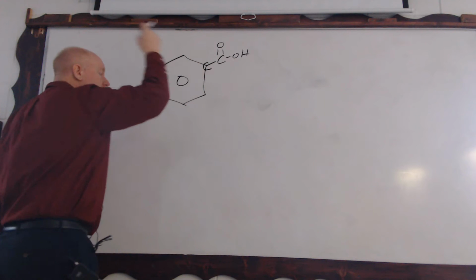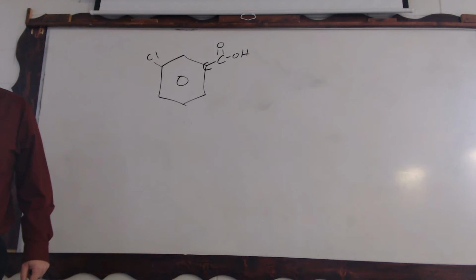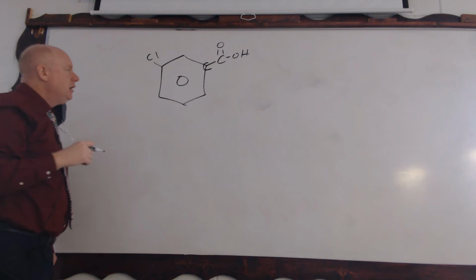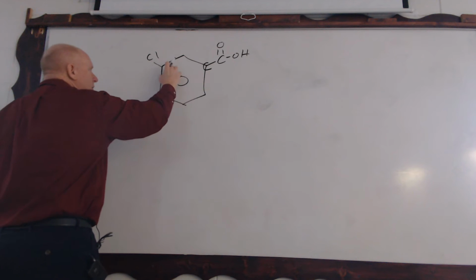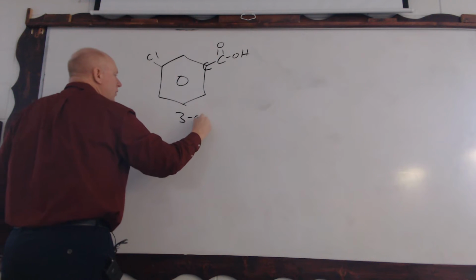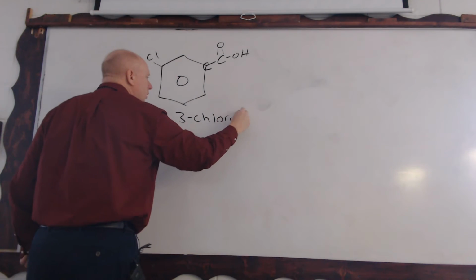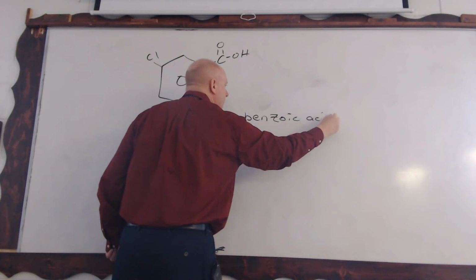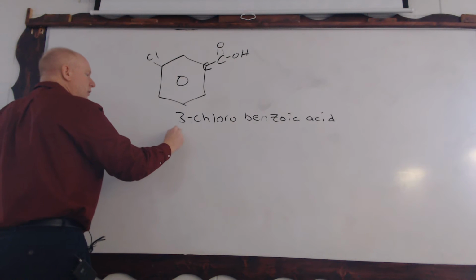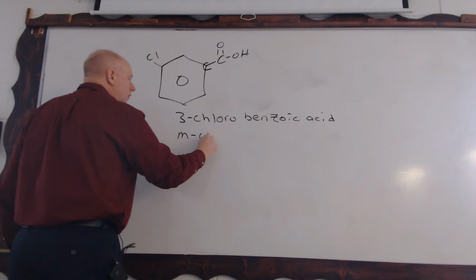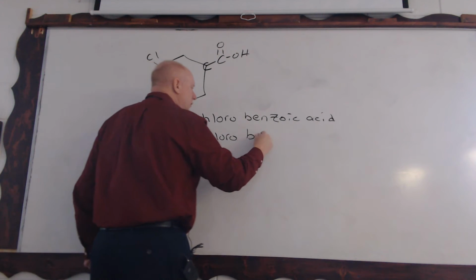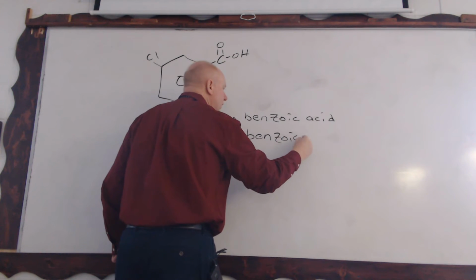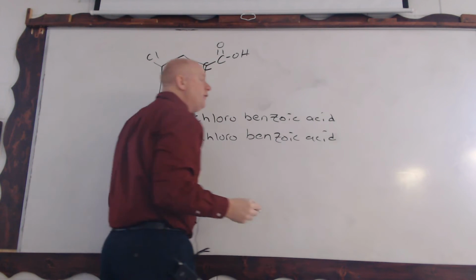That is automatically given number one because you're using that common name. So then what you could do is we could call this 3-chloro benzoic acid. Okay. You could also do meta-chloro benzoic acid, because that's one of the things I've noticed on your papers.